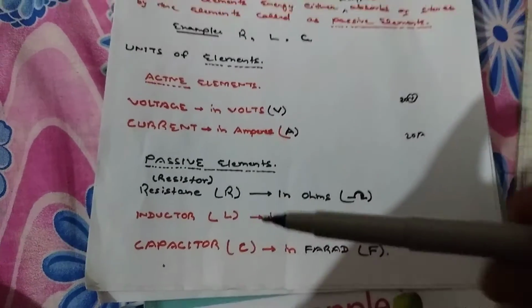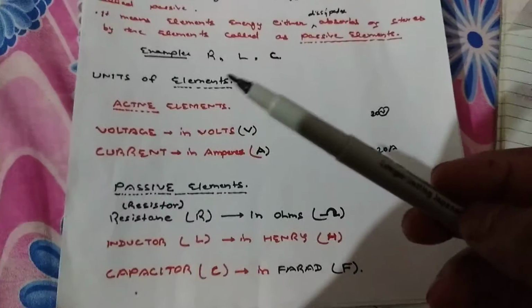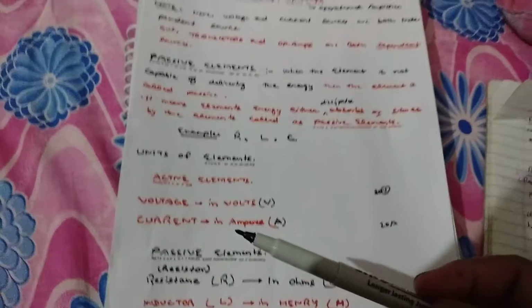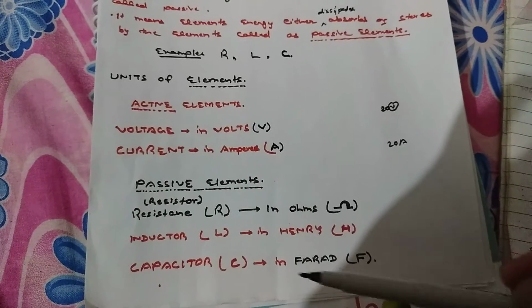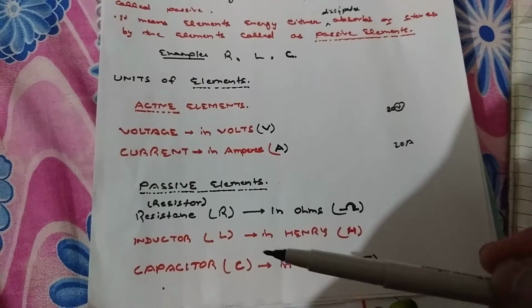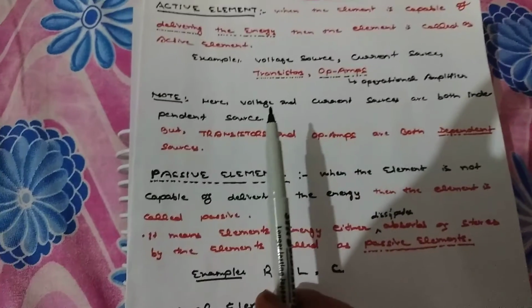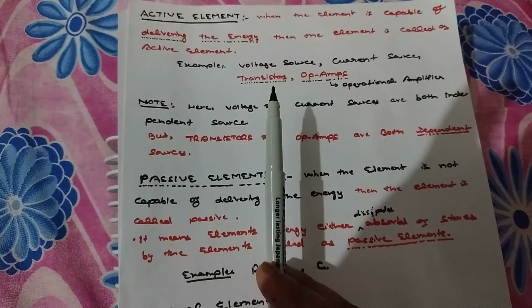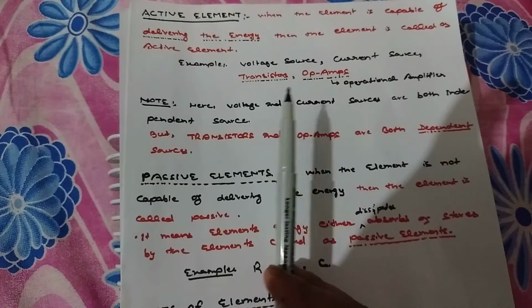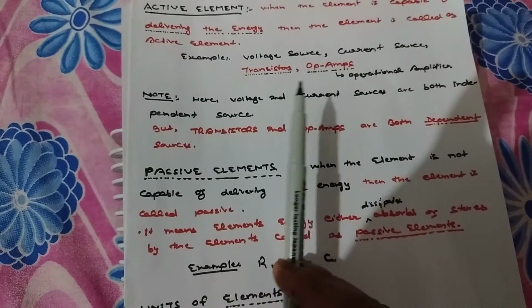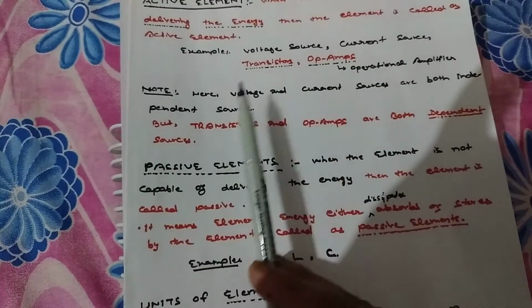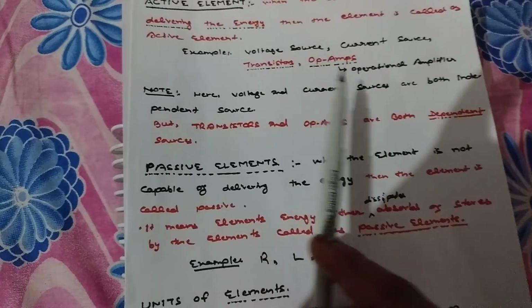So students, you can note down these things. I think this is most important for you, and I hope you can note it down in your copy, so that this is the most important point I wanted to tell you.